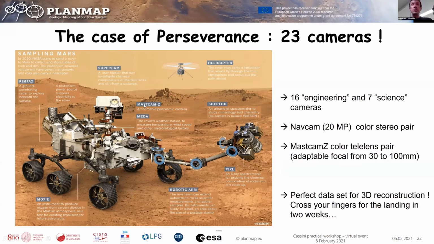And in addition to that, you have the Mastcam-Z instrument, which is the same set of color images as the one we had on Curiosity, except that it is a zoomable telelens. So we can have a pair of wide angle at 30 millimeters of focal, but we also can have a pair of tele images taken at 100 millimeter of focal.